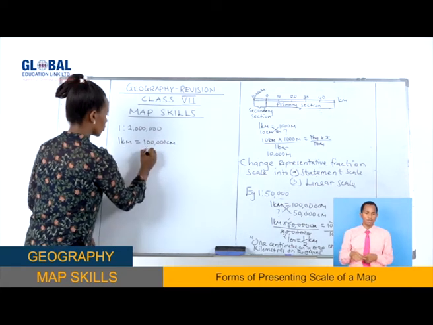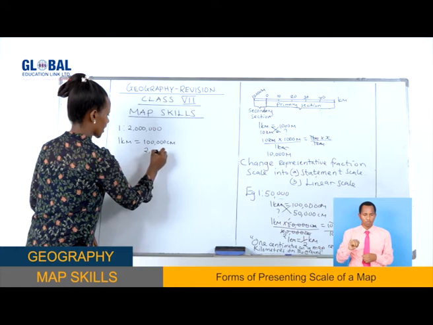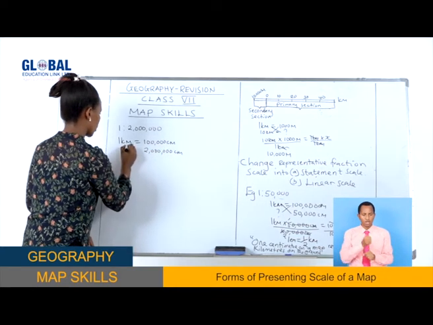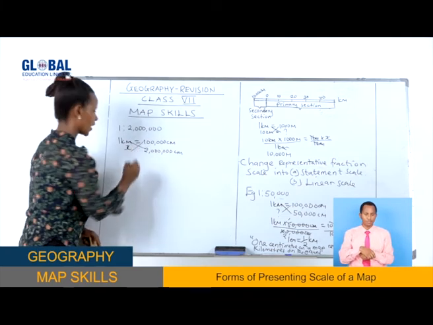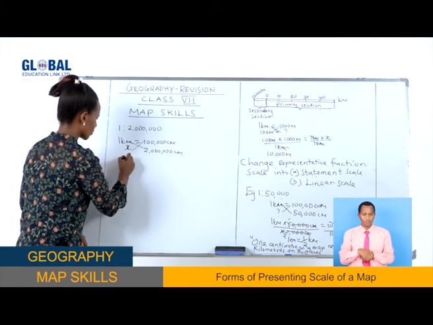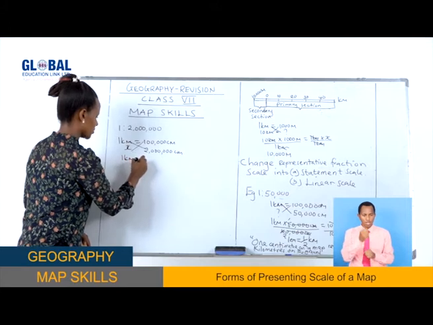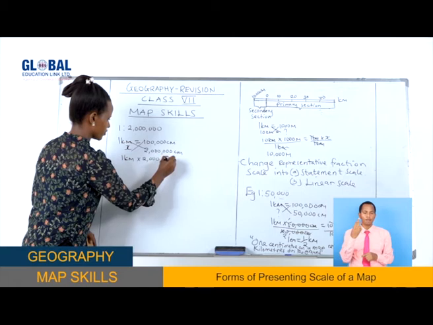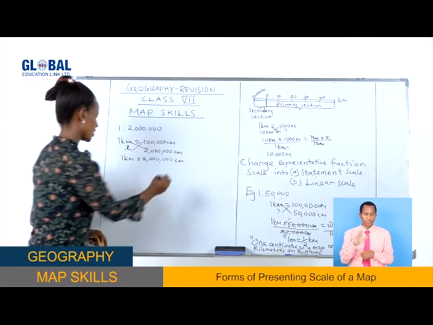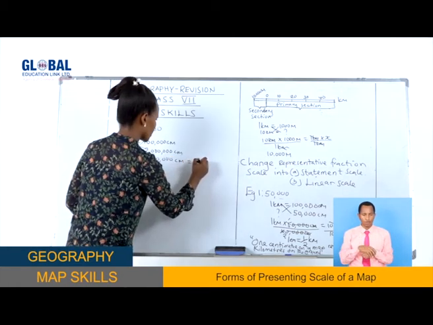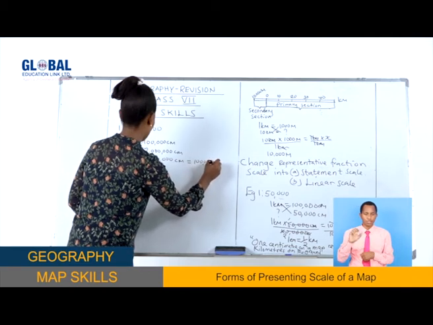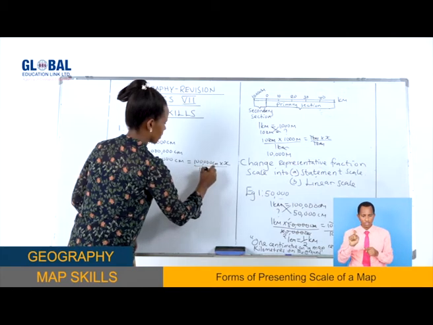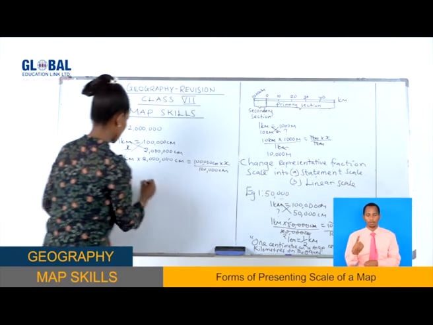Then 2 million, which we put on the side of centimeters, will be representing how many kilometers? Cross multiply. Then 1 kilometer times 2 million centimeters is equal to 100,000 centimeters times x.